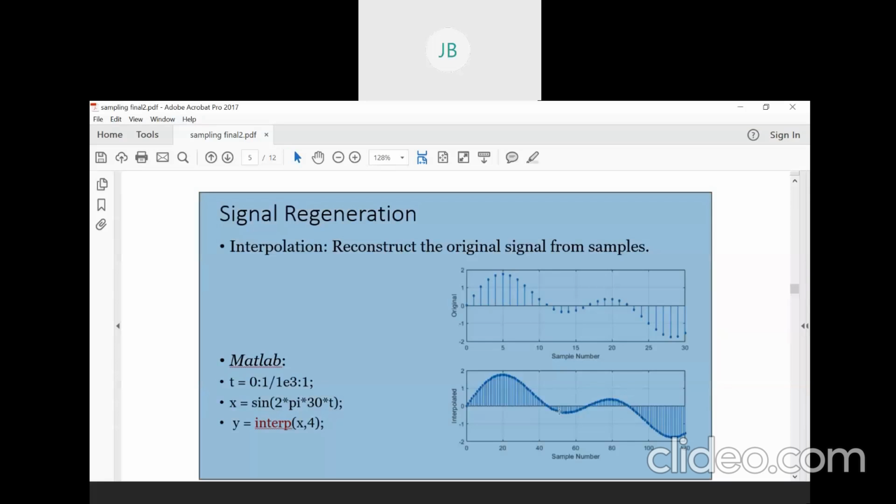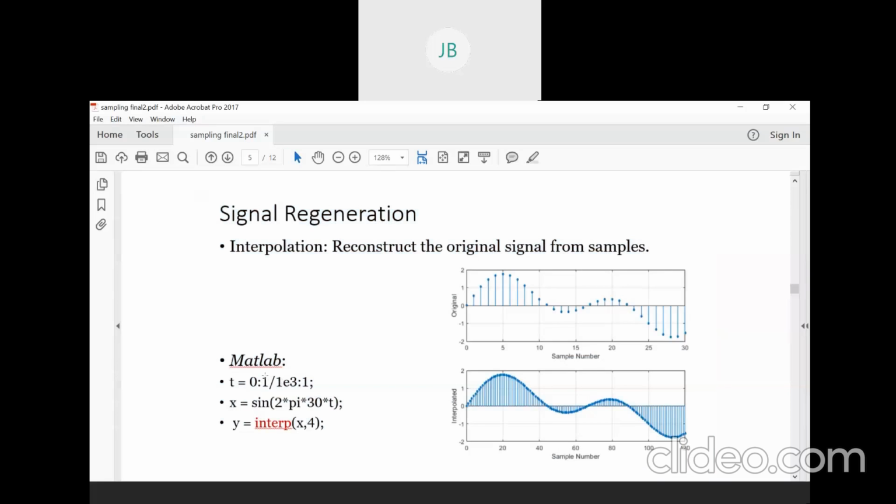The MATLAB command used to reconstruct the signal is given here. Basically, the first figure is the sinusoidal variation of the sampled signal, and the second one is the reconstructed signal. We will see how it is done.